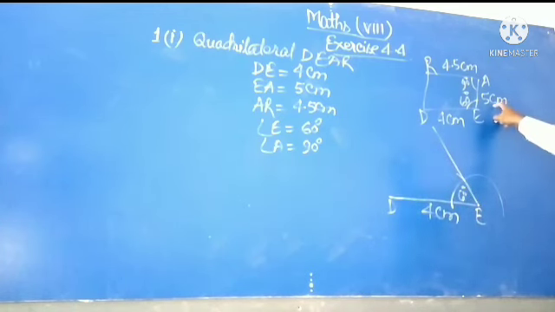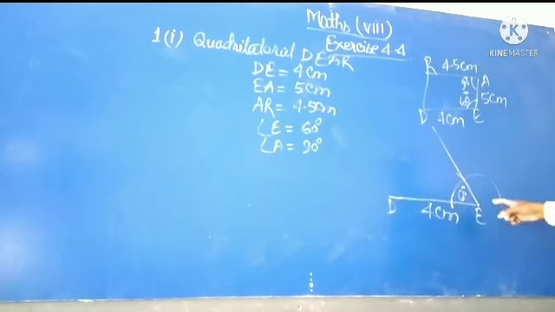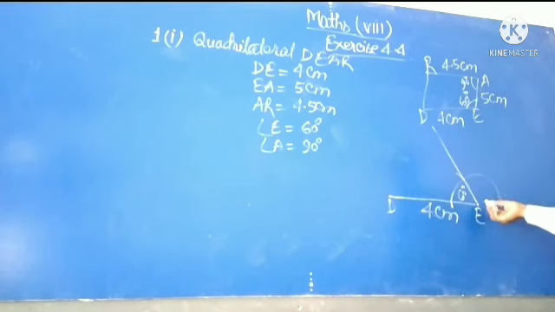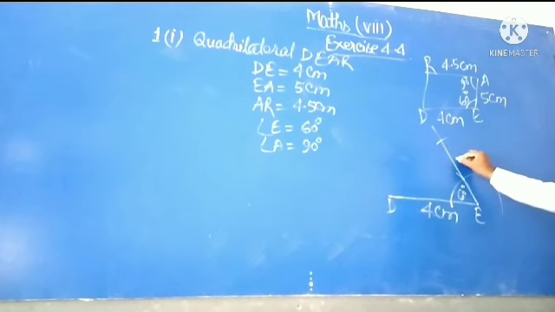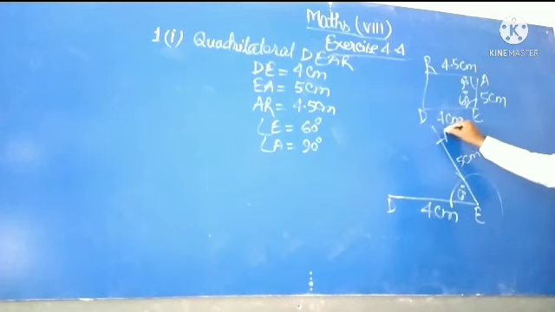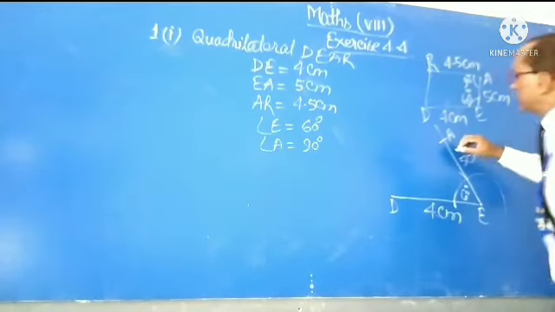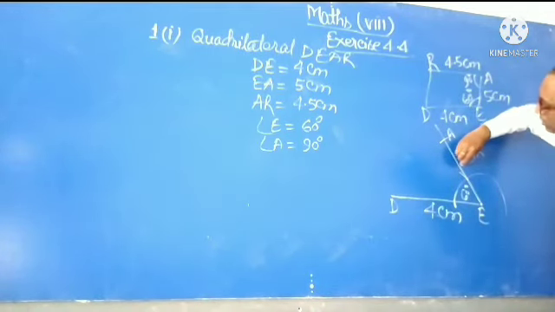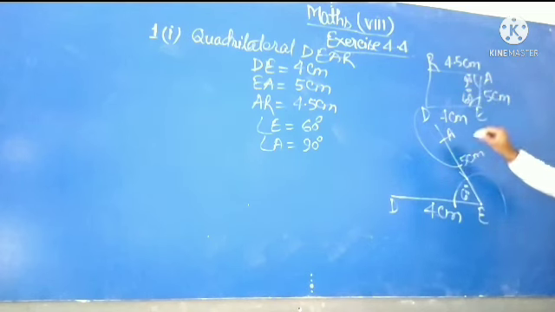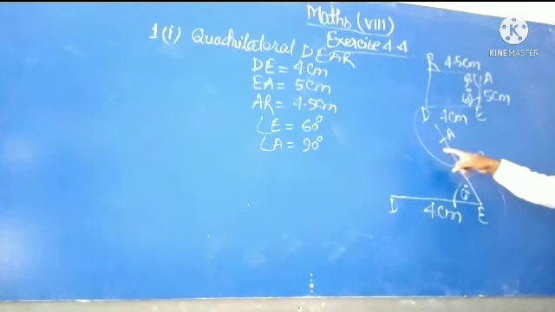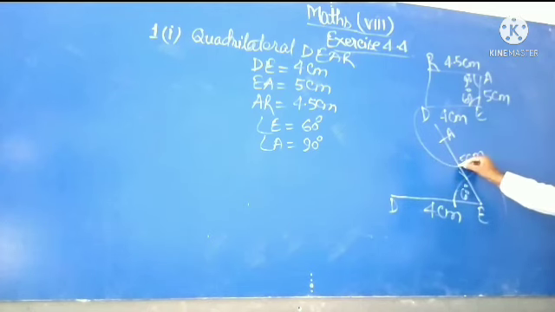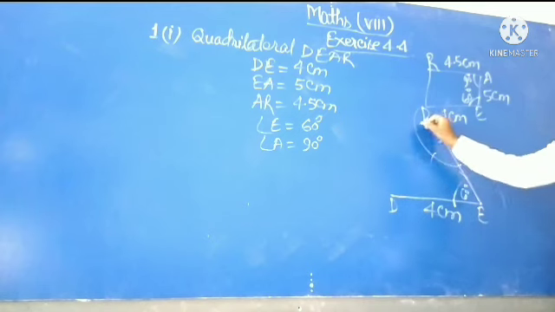Then you take 5 cm distance in your compass and with center E cut an arc which is equal to 5 cm, and that intersection point is A. Then you draw 90 degree angle at point A. For this purpose, you take any distance in your compass and draw an arc like this, and you cut the previous arc, first and second intersection points.